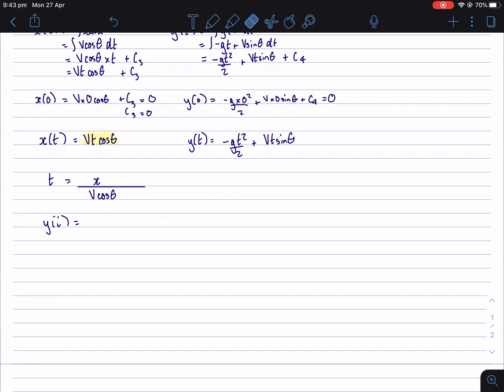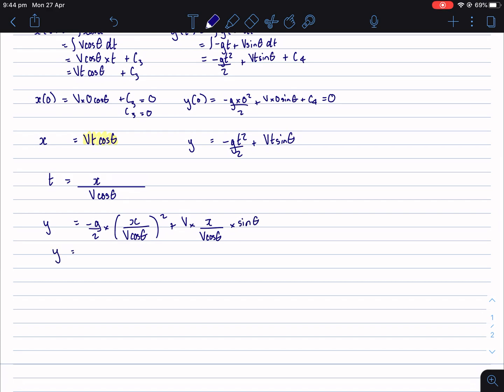If I sub that into y for t, then I've got negative g on 2 times x on v cos theta, squared, plus v times x on v cos theta times sine theta.